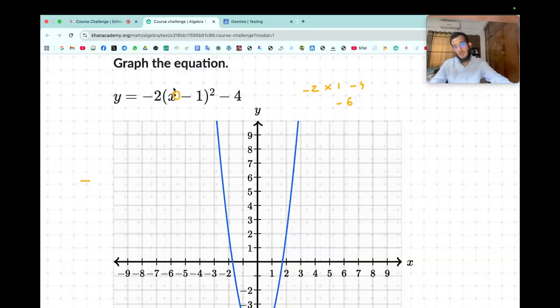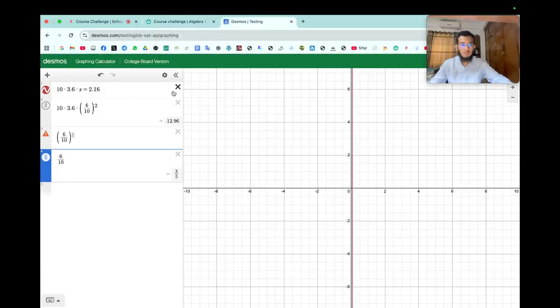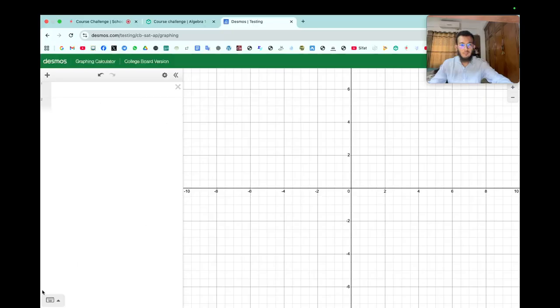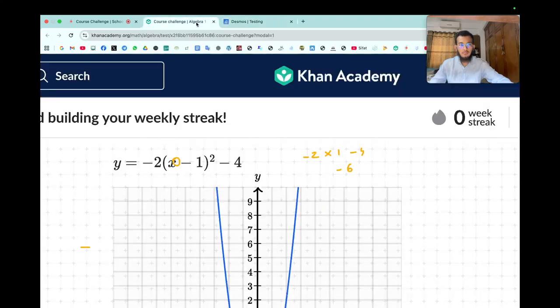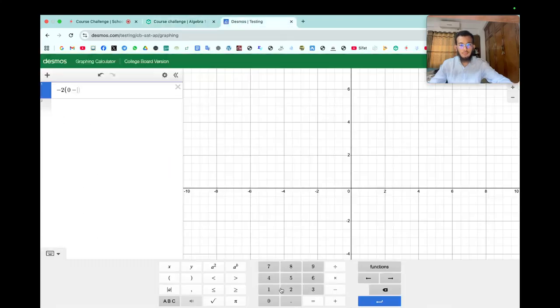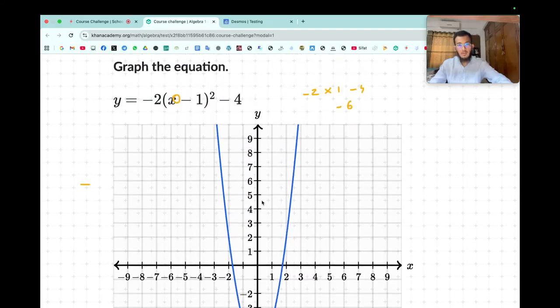For y, okay, so -2, and we have x, which is 0, -1 whole squared, -4. We have -6, so y-intercept is -6. Y-intercept is -6.